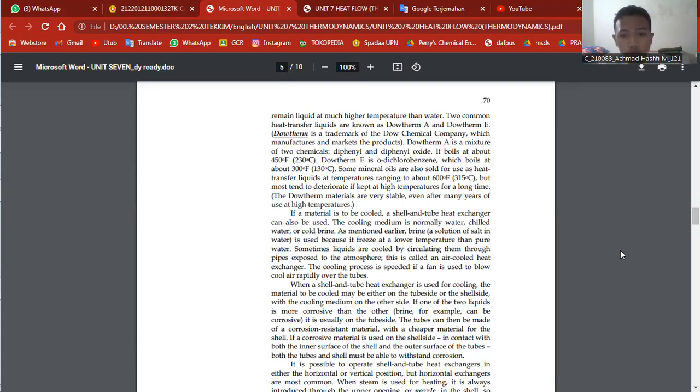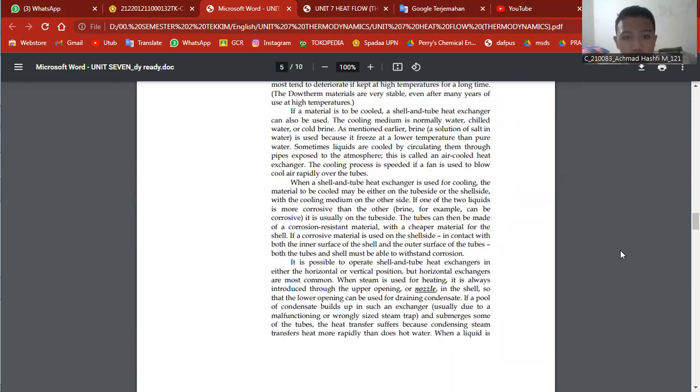Some mineral oils are also sold for use as heat transfer liquids at temperatures ranging to about 600 Fahrenheit degrees or 315 Celsius degrees, but most tend to deteriorate if kept at high temperature for a long time. The Dowtherm materials are very stable, even after many years of use at high temperatures.